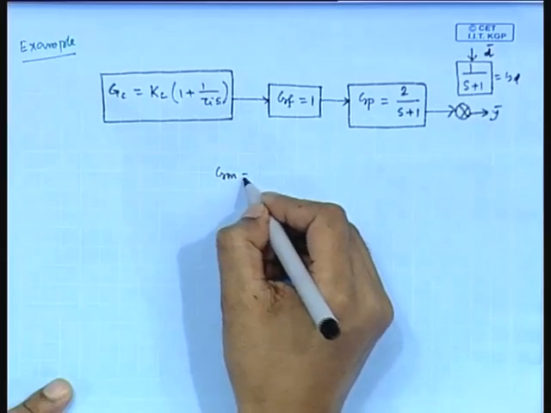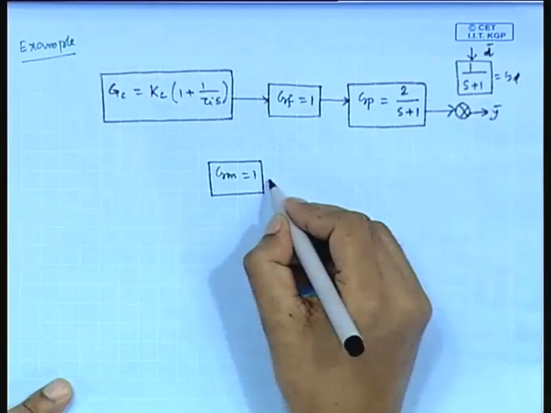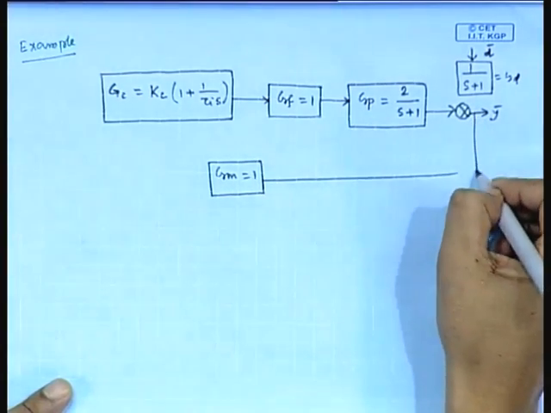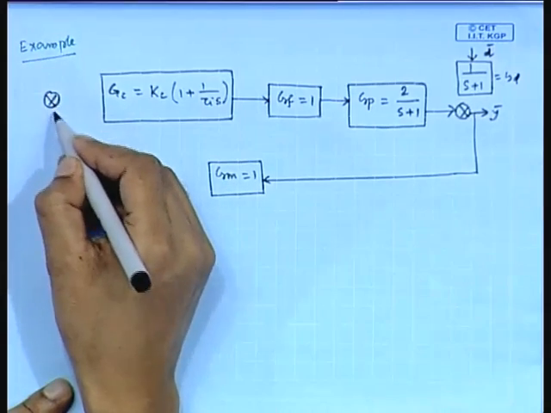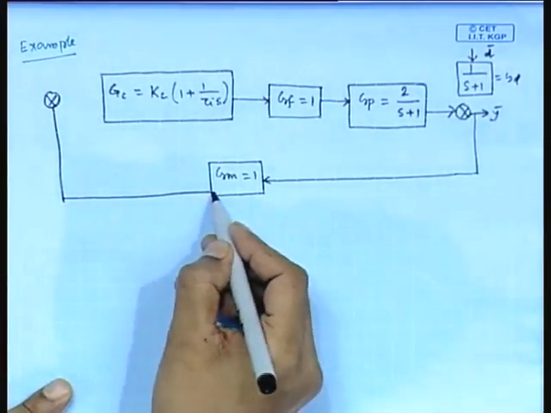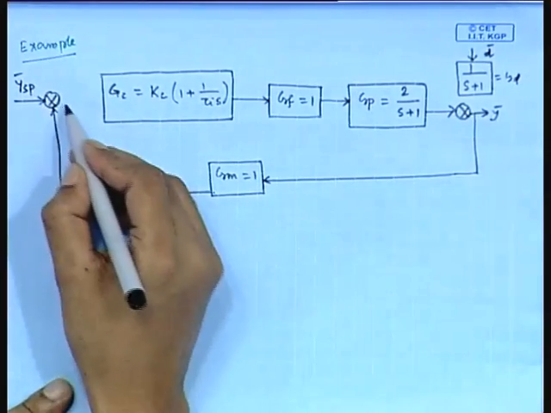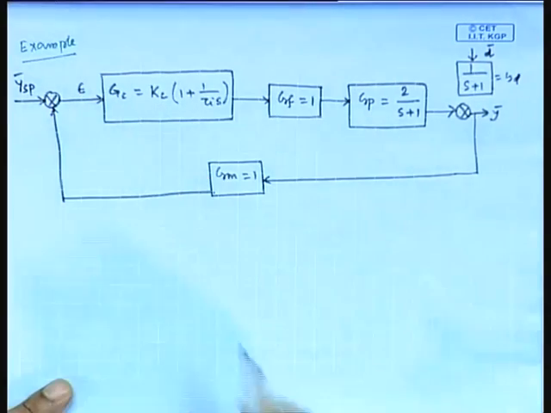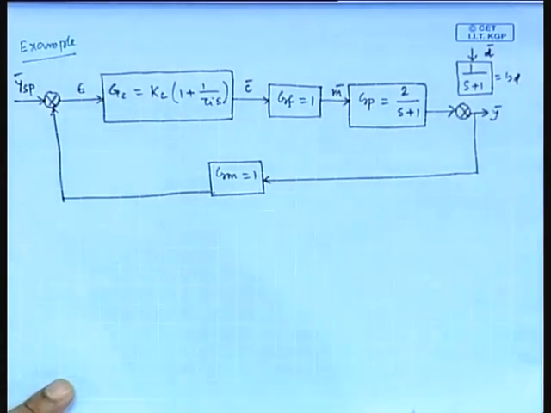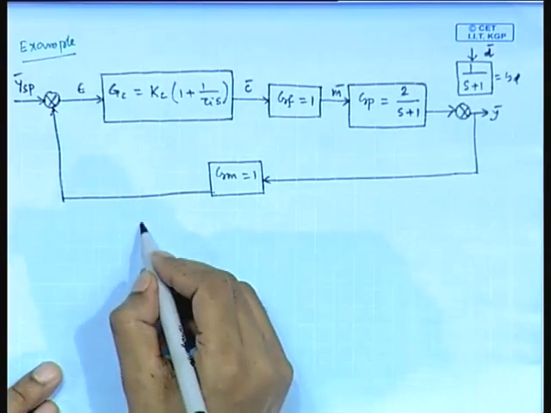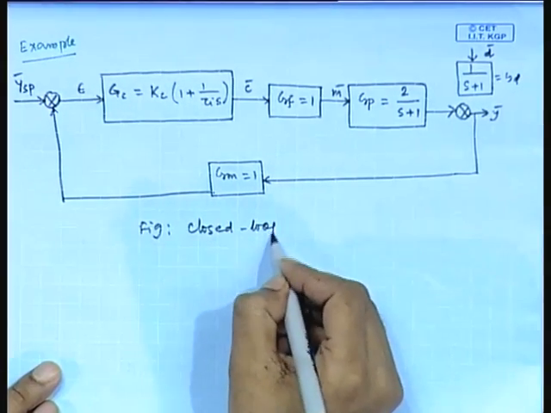For simplicity, again we are considering Gm equals 1, and the error signal is going to the control block. This is the closed loop block diagram.